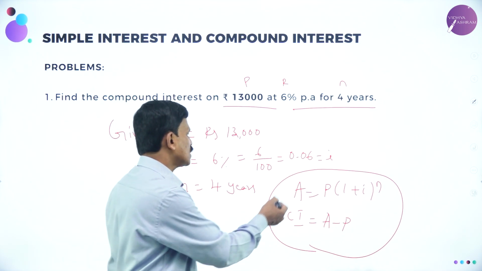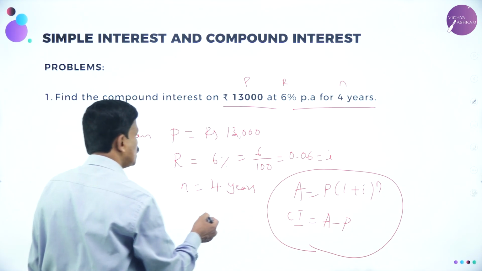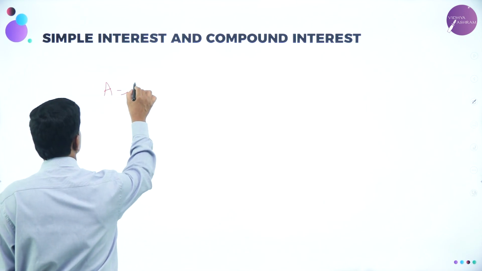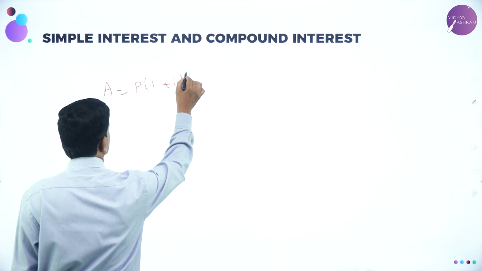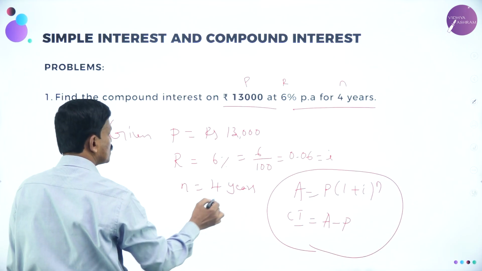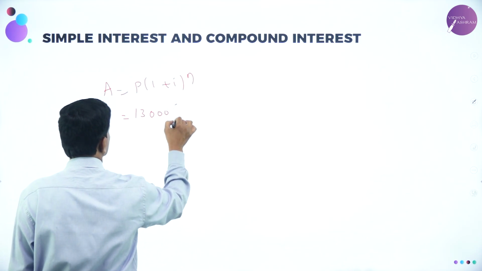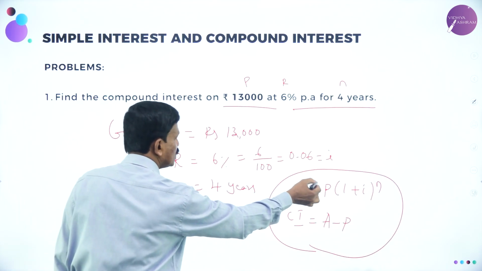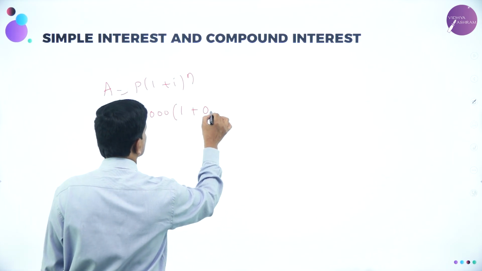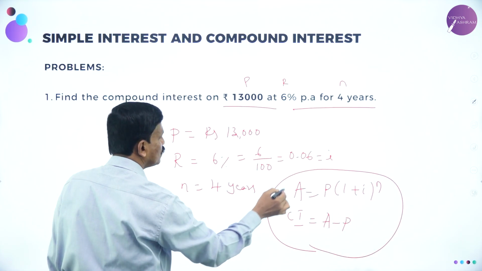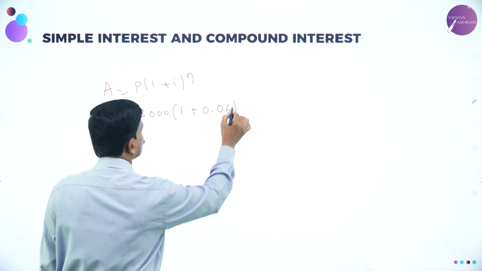That's it. Now let us come to the amount first. What is the formula? A is equal to P into 1 plus I to the power of n. What is the principal? 13,000 into 1 plus, what is I? I is equal to 0.06 whole to the power of n. What is n? n is equal to 4.